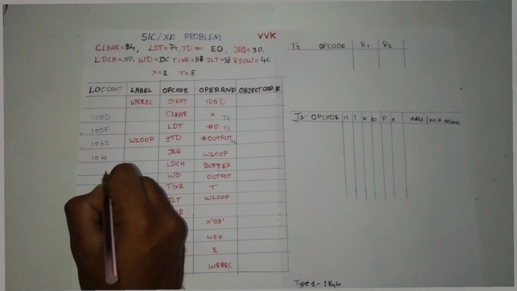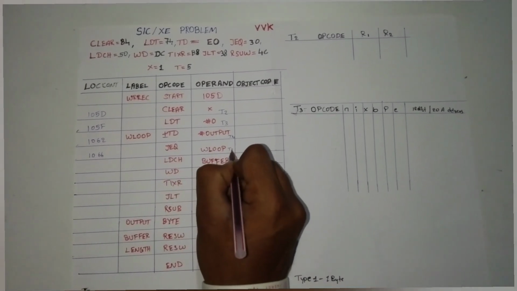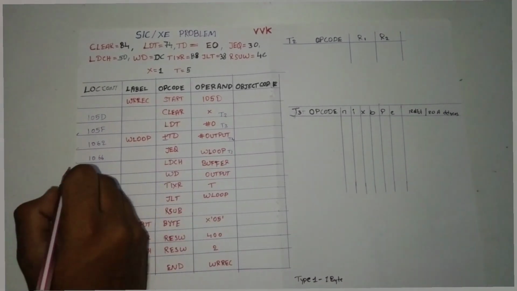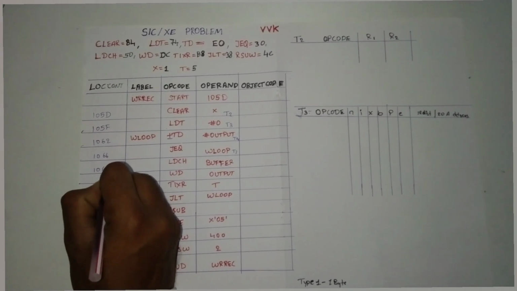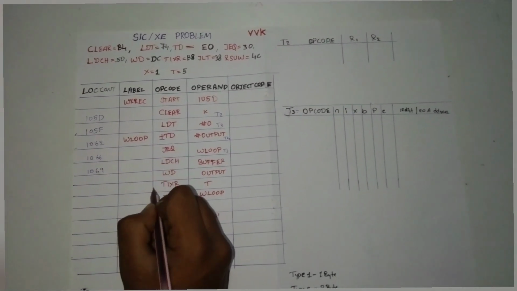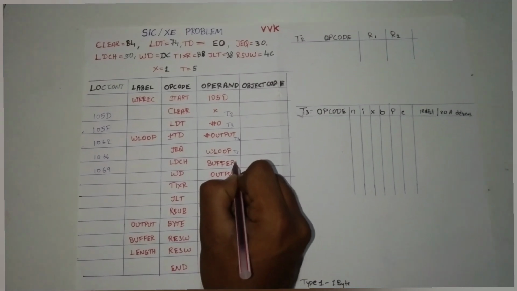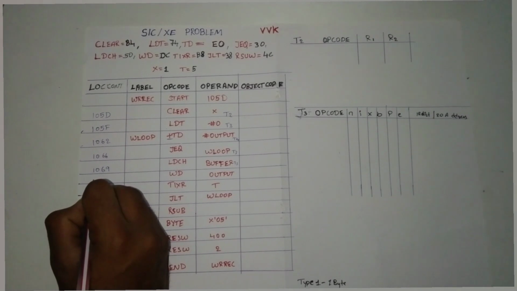That will be 1066. Again it is type 3, so we add 3 bytes to the previous location counter, and it is 1069. The next one is also of type 3 only, so we add 3 bytes to the previous location counter.